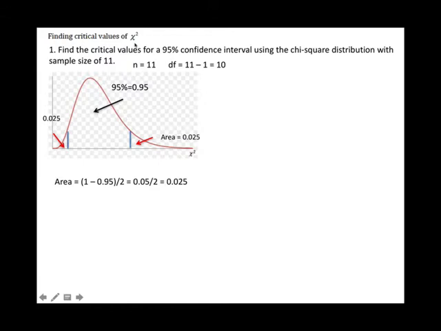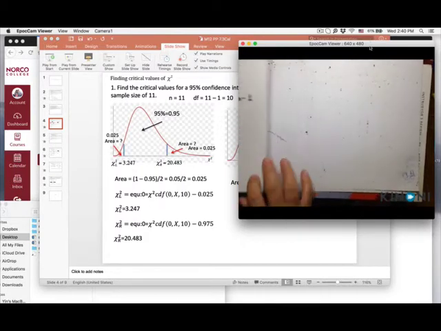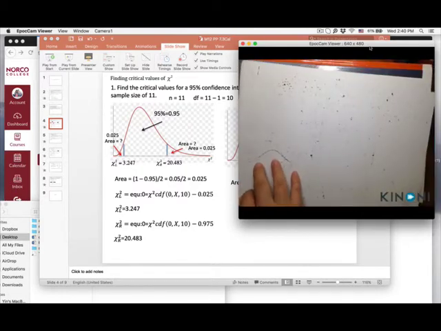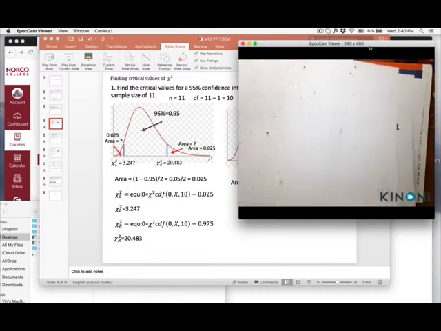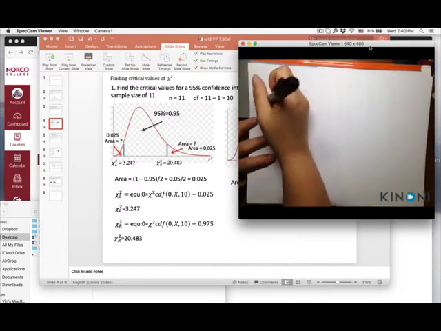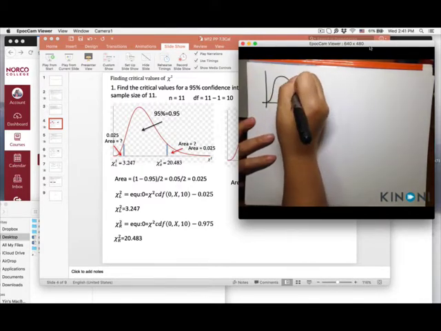And now we're going to find the critical values. For the critical values for standard deviation and variance, we have two critical values. One is a chi-square to the left, one is a chi-square to the right. Let me use the picture to write it down.